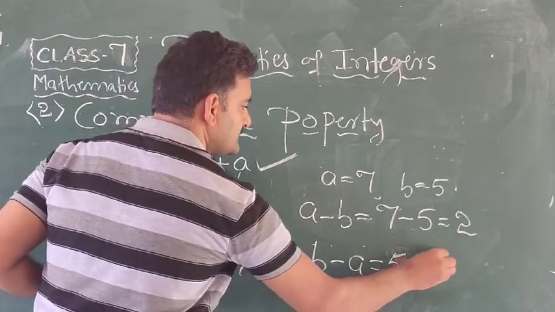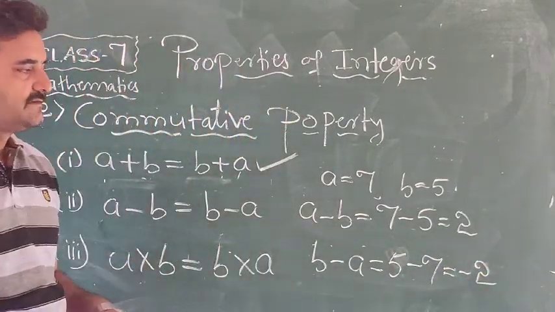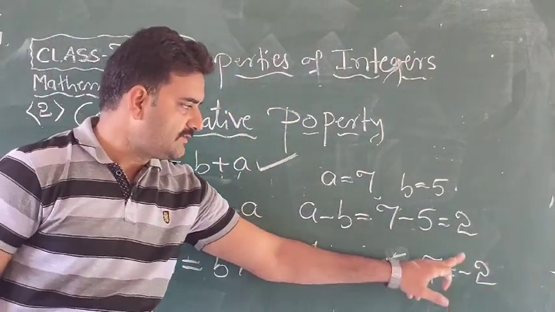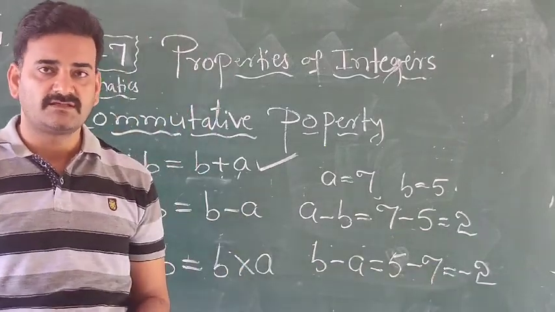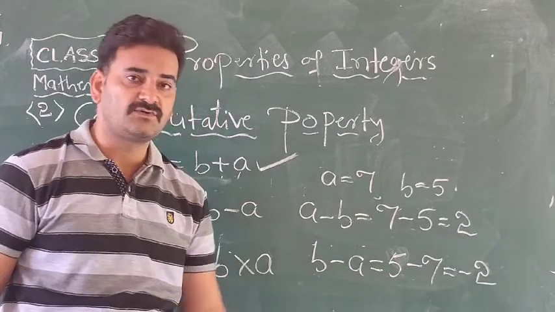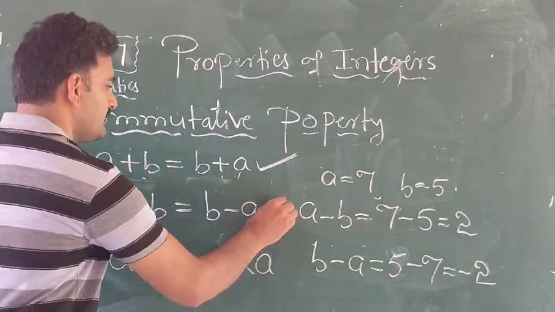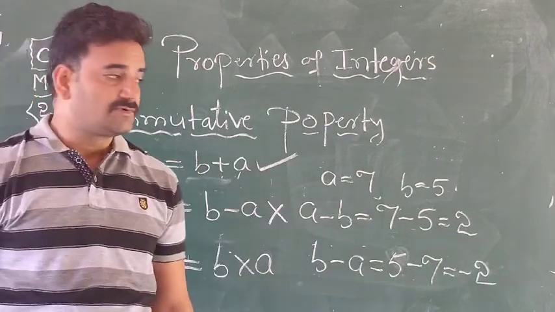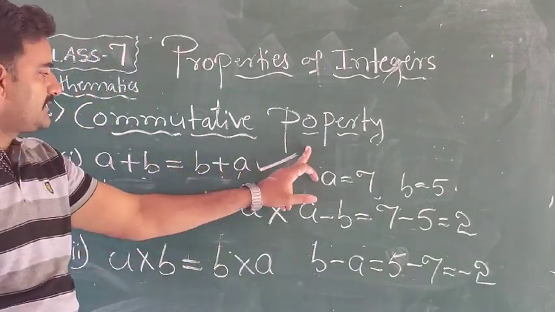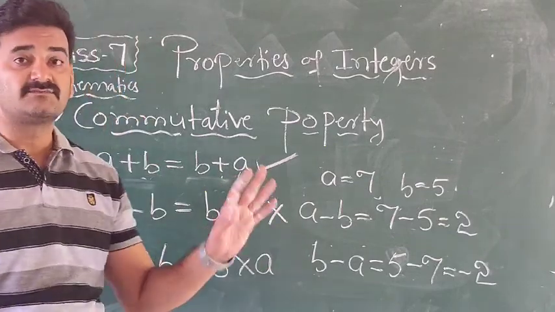A means 7. I am getting minus 2. So here 2 and here is minus 2. Whether the property holds good? Certainly no. 2 and minus 2, whether they are equal? No. Does not hold good. Commutative property does not satisfy under subtraction.